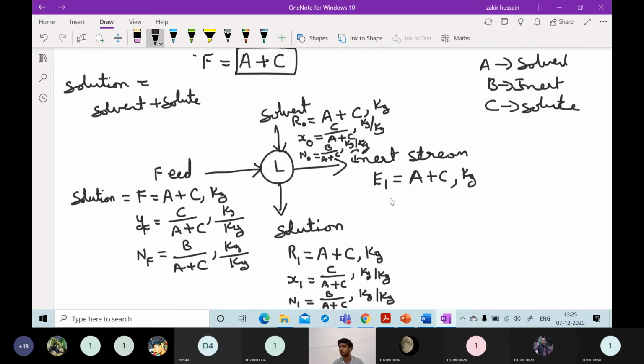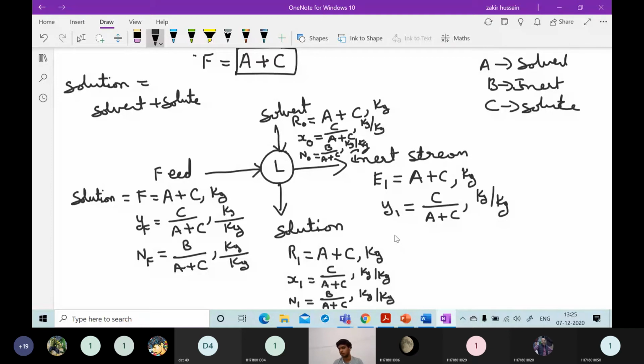Then in order to take care of how much solute is present in this inert stream, the feed is indicated with YF and the output product with Y1. So Y1 is equal to the weight fraction of solute with respect to solution on a B free basis. This will be kg per kg.